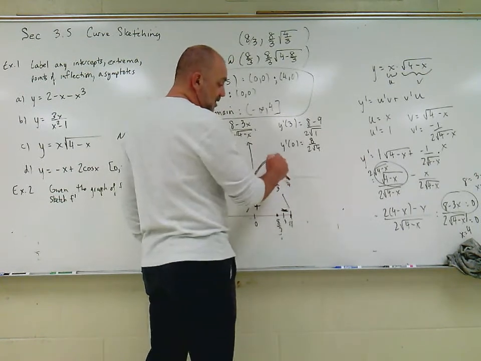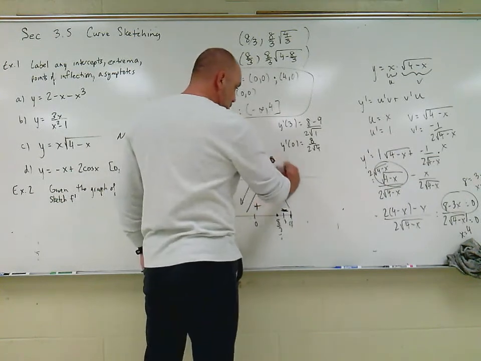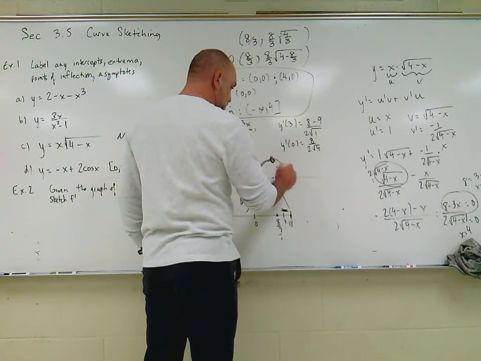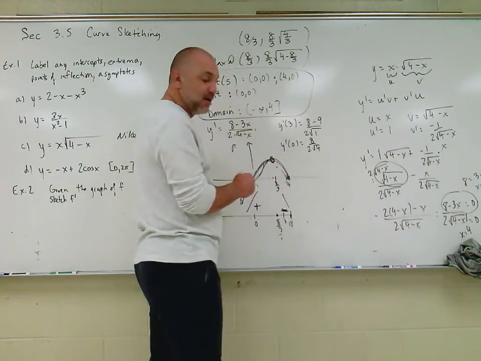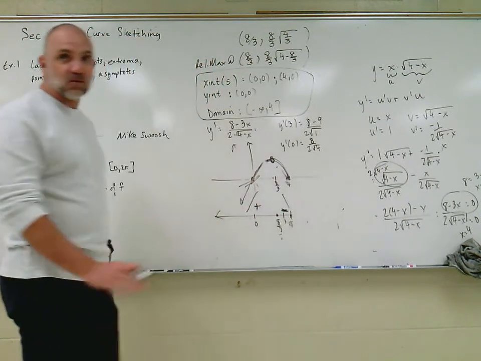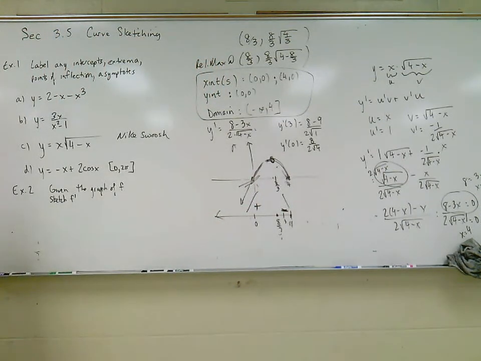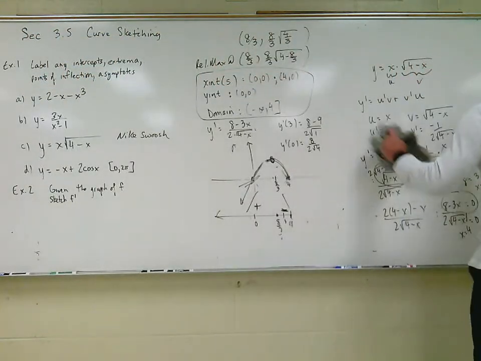If it does something like that, then that's concave up, right? Or do I have this wrong? I'm assuming the whole thing's concave down, but I could be wrong. The only way we're gonna know if it's always concave down is the second derivative. So you'd have to find the second derivative of this. Okay, so let's stop right here.